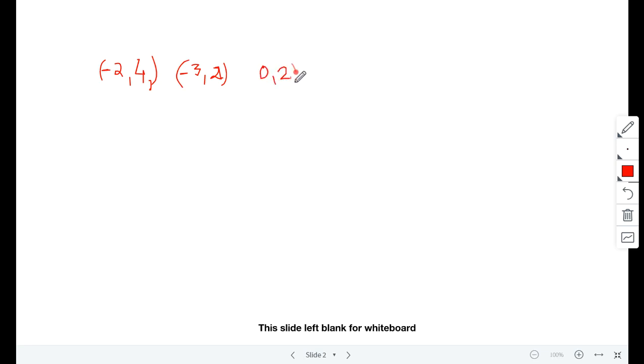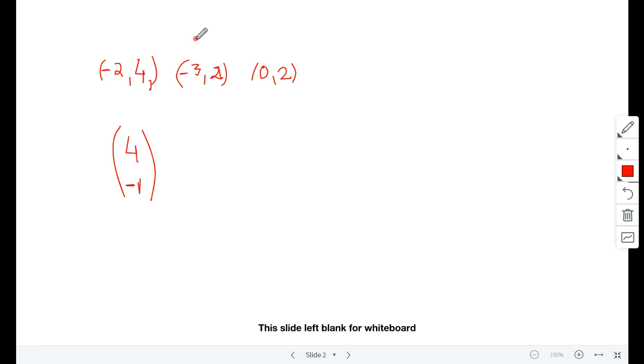These are the coordinates of a triangle, and you have to translate this shape by plus 4, minus 1. So you have to tell me the new coordinates.